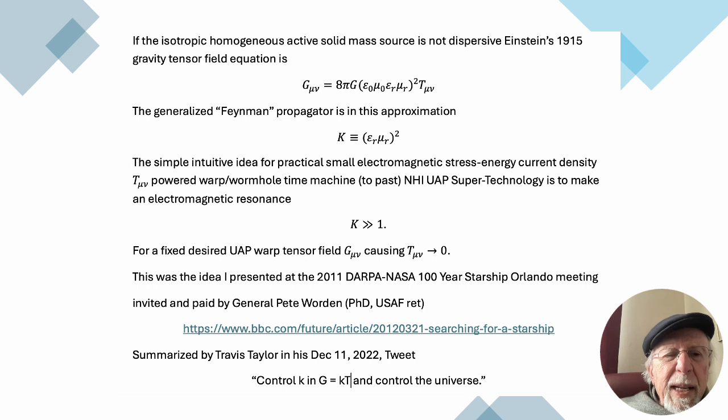The problem is that if you look at all the textbooks on general relativity, including Kip Thorne's recent classical physics book of basically applied general relativity, there's no discussion of how gravity fields are generated inside complicated matter with electromagnetic dispersion.